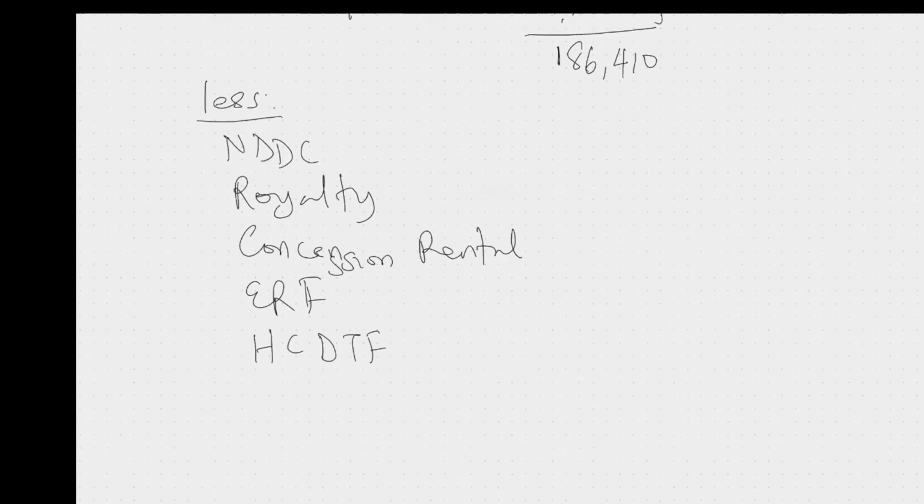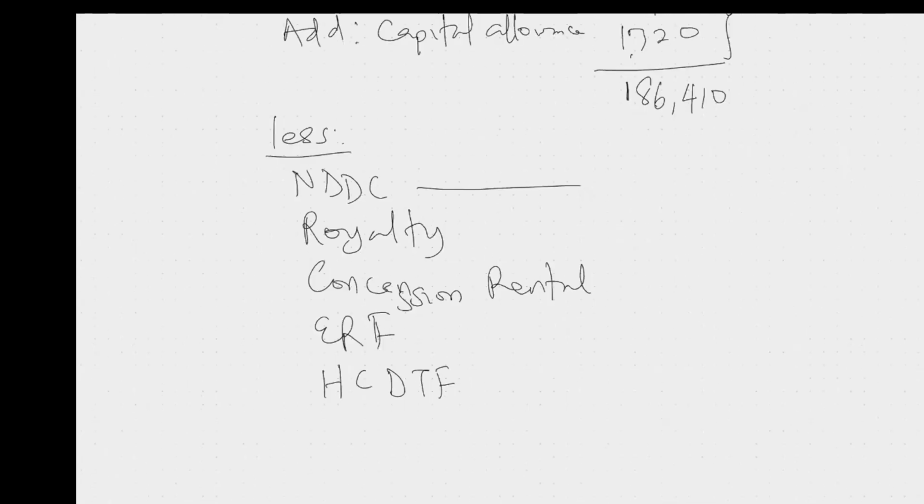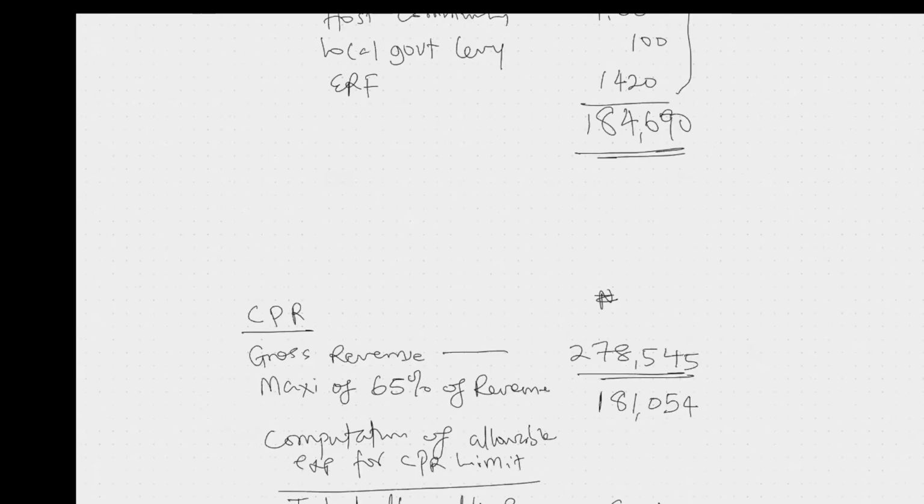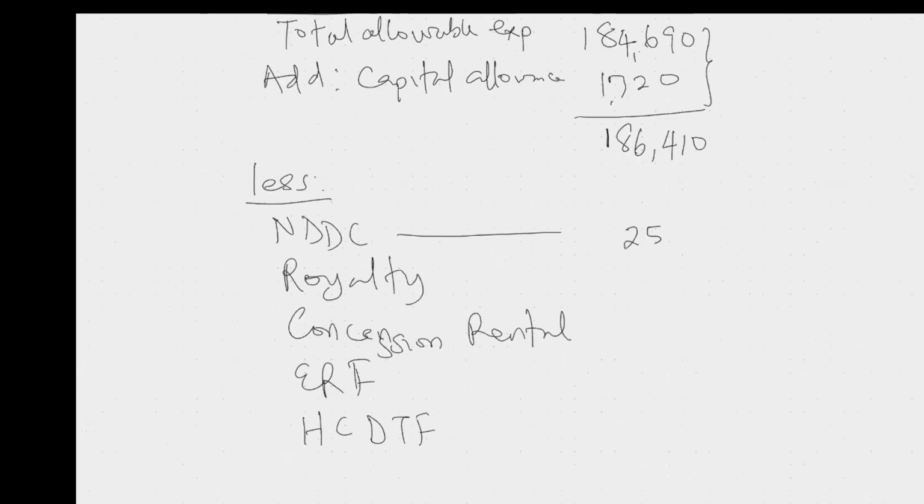Royalty: 40,990. Concession rentals: 20,470.